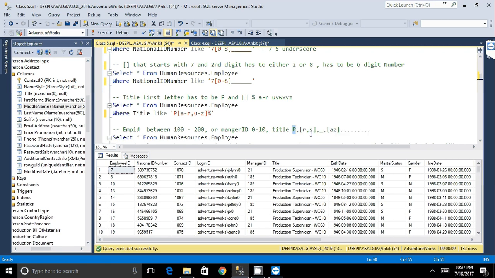Their first letter has to be P. The second letter has to be either R or S. The third letter could be anything. The fourth letter has to be between A to Z, and then it could be anything after. Okay, so this is the condition for the title. This is the condition for the manager ID. This is the condition for the employee ID on human resources.employee.